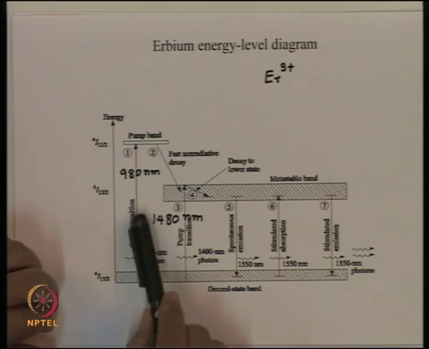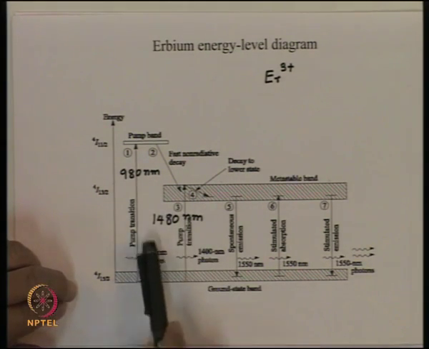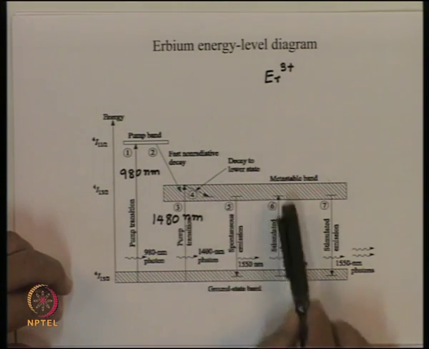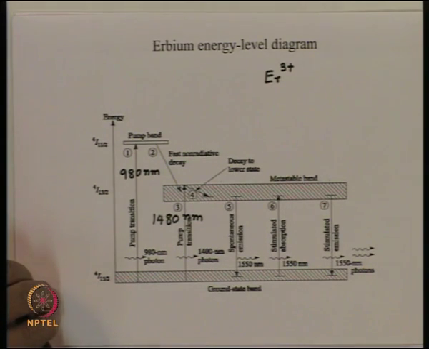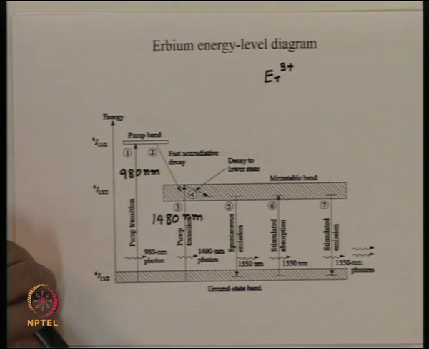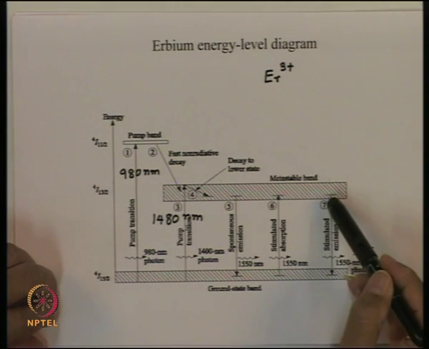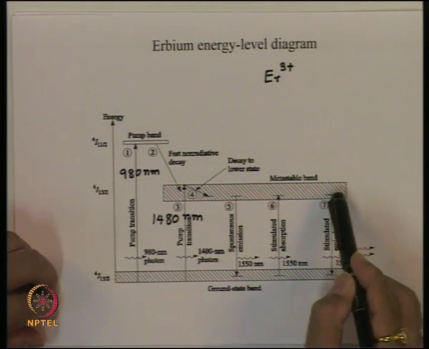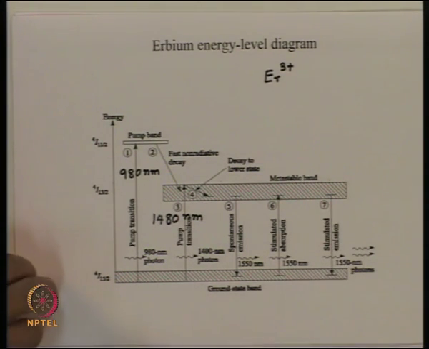If we pump the material at 1480 nanometer, then essentially the emission spectrum and the absorption spectrum are partly overlapped. Essentially, we are going to supply the energy corresponding to the upper level of this band, and then the stimulated emission will correspond to the lower level of this band and the ground state.